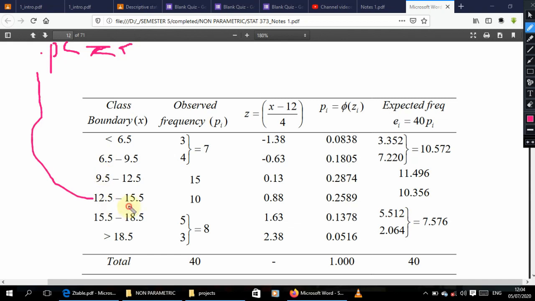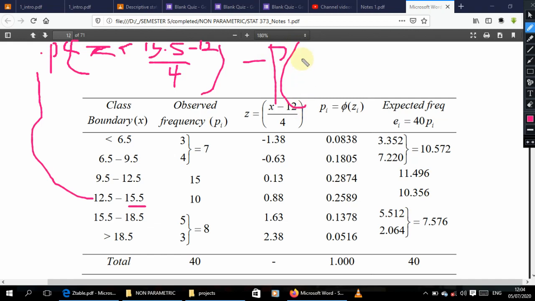This value. This will be the first value which will come, 15.5 minus 12 over 4. Okay, over 4, and you close, minus.